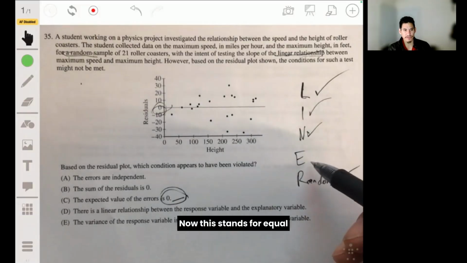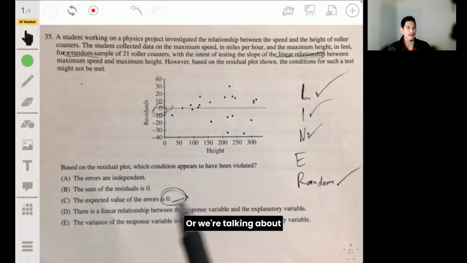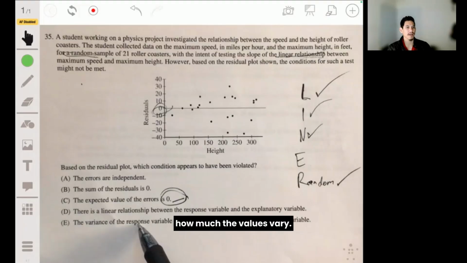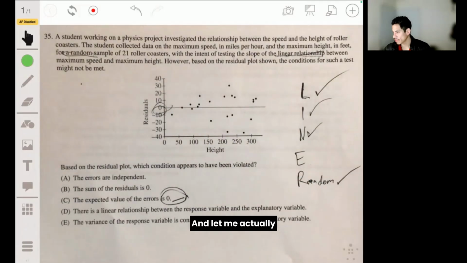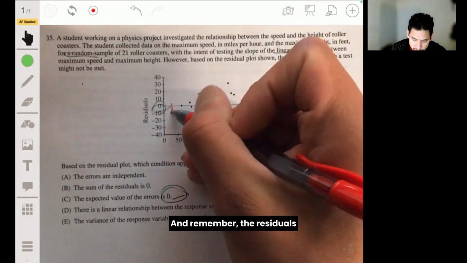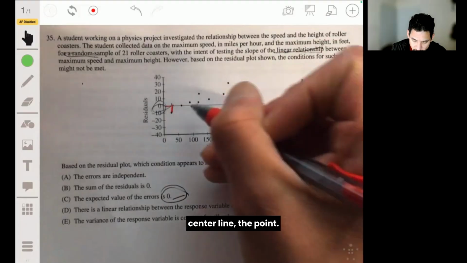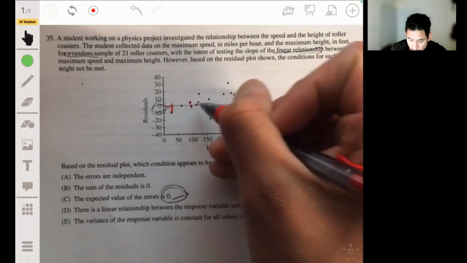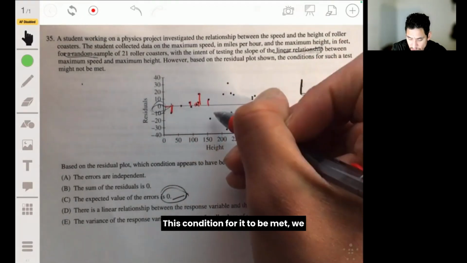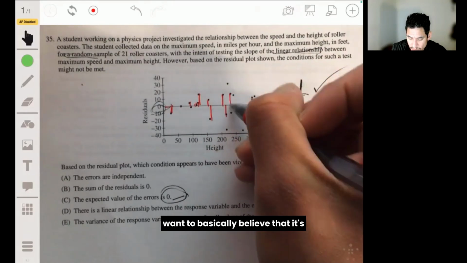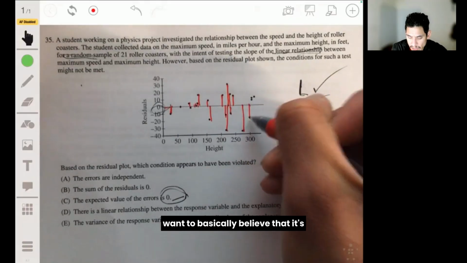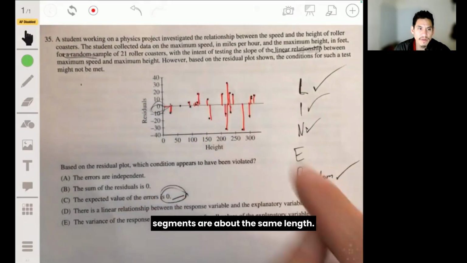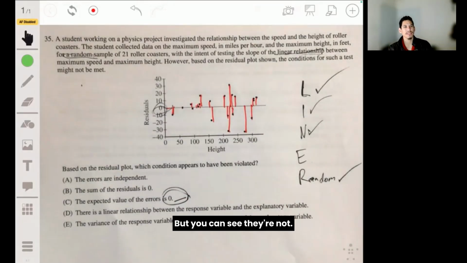Now this stands for equal standard deviation, where we're talking about how much the values vary. Let me actually draw a vertical line. Remember, the residuals are the distance from this center line to the point. For this condition to be met, we want to believe it's reasonable to say that all these segments are about the same length. But you can see they're not.